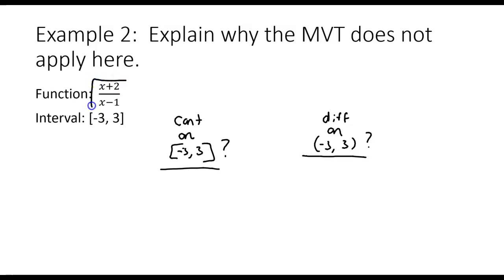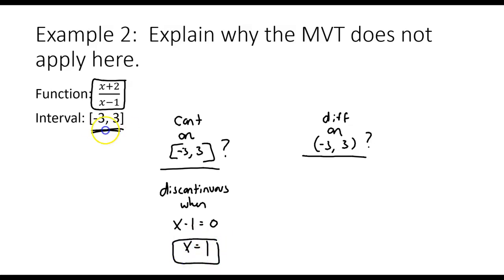Well, this is a rational function. Rational functions have discontinuities anytime the denominator equals 0. So if x minus 1 equals 0, that means x equals 1. Now, that number is on the interval. And so there's our reason.